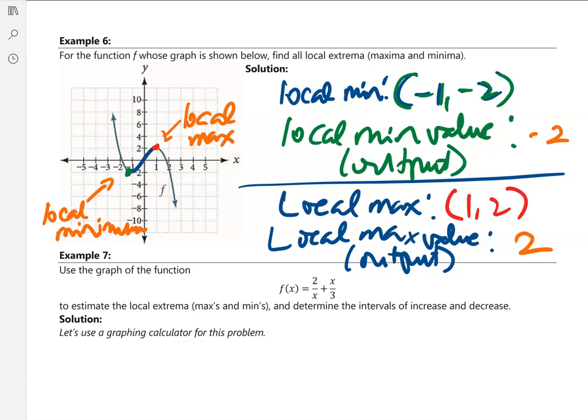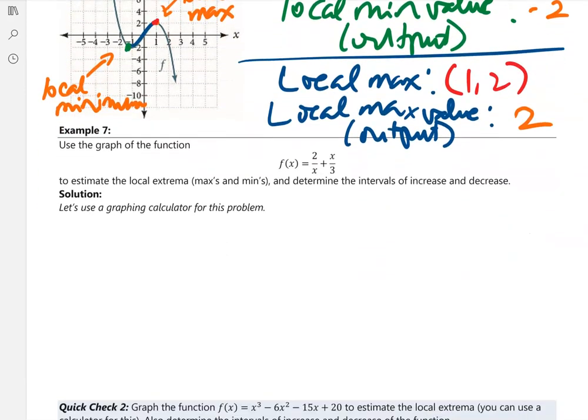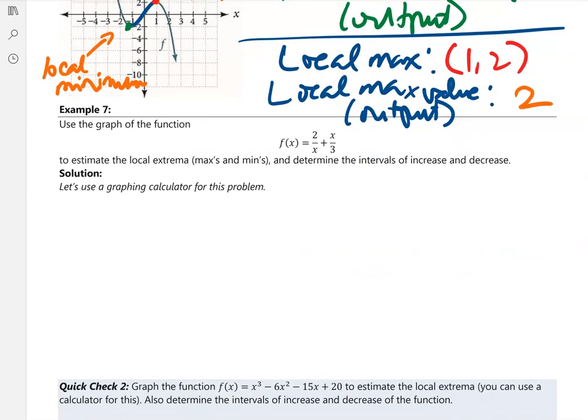Okay, example 7. Use the graph of the function f of x is equal to 2 over x plus x over 3.